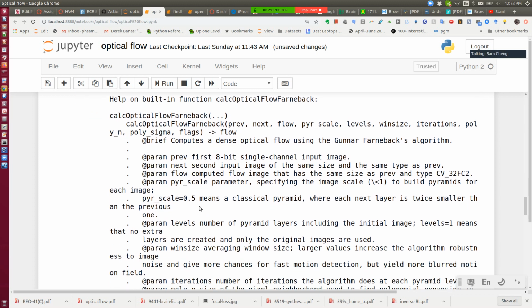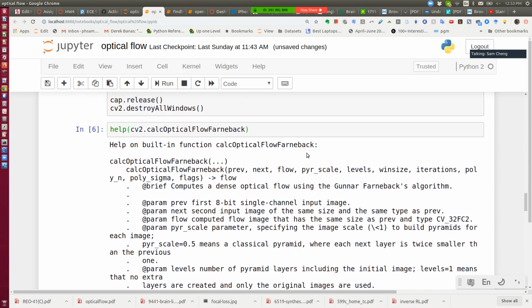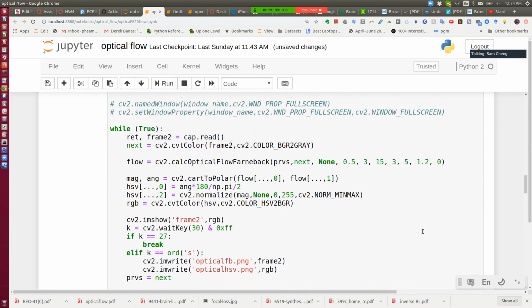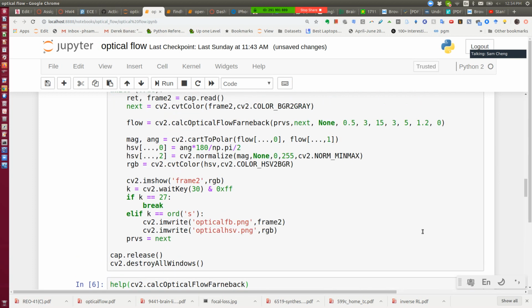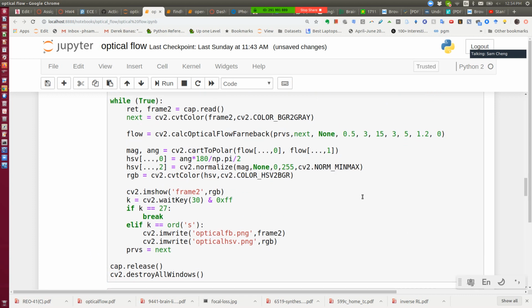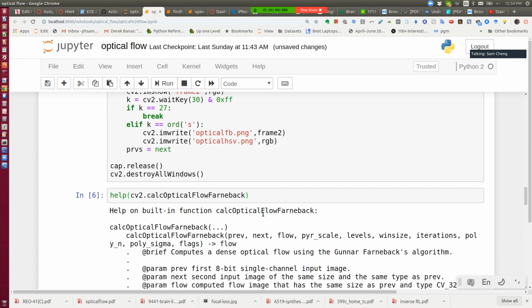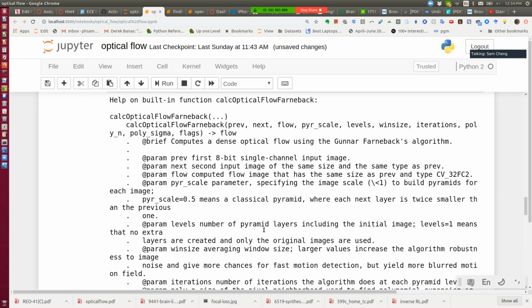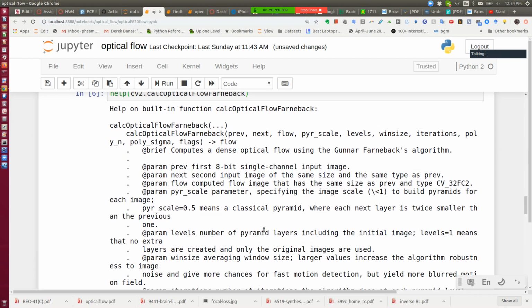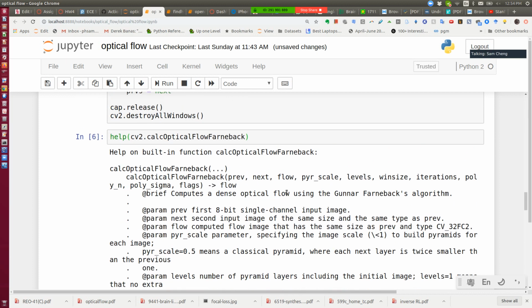It uses the pyramid also, so you have the level of pyramid, window size, iterations. The first image, second image, then flow, which I think is the previous estimate.